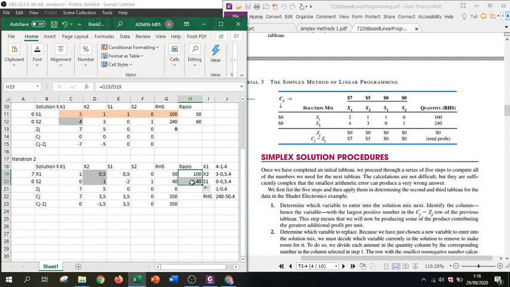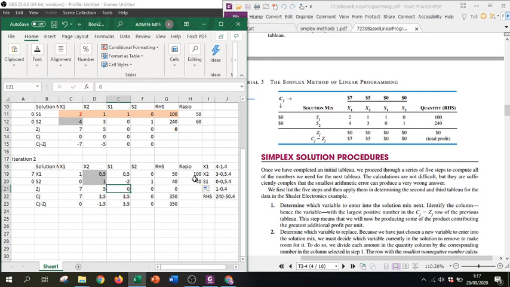So we have 1040, so we choose the 40 row because this is the last number.